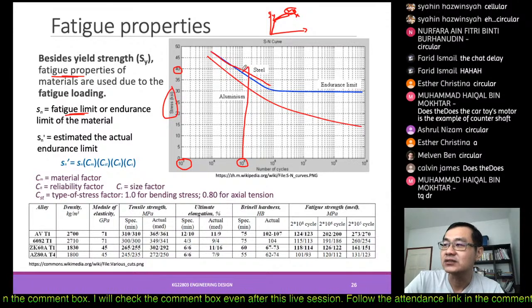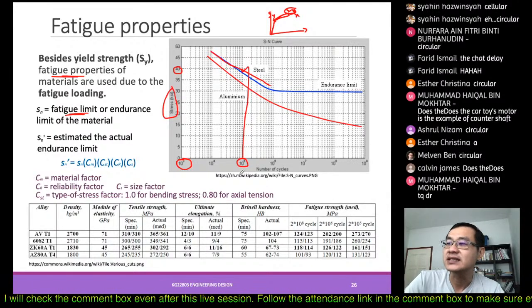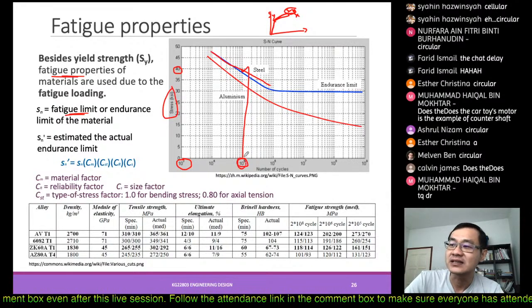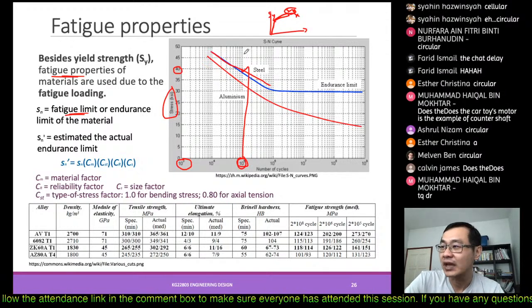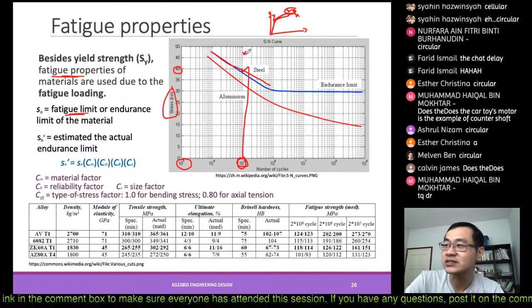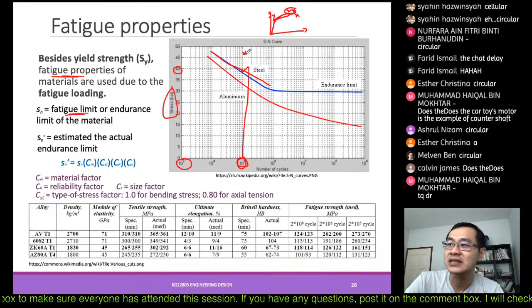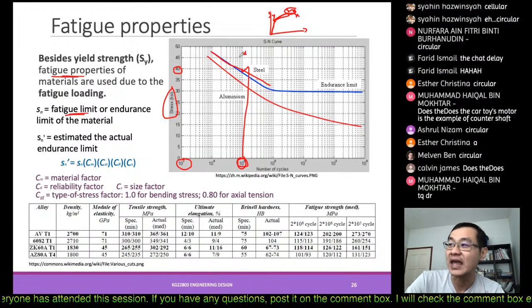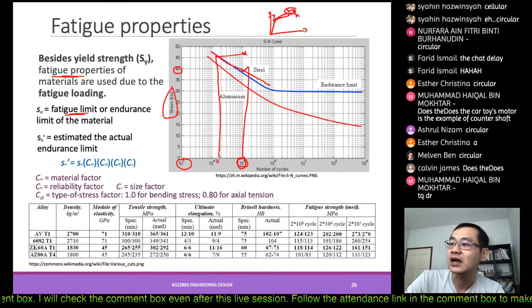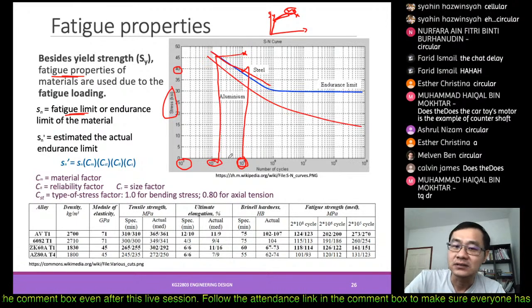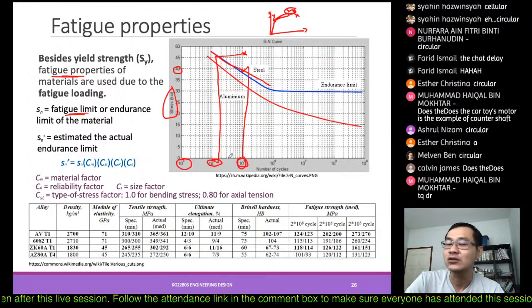At this stage, this steel can sustain this number of cycles. But if we try to increase the load, it may start to fail. It may not be able to sustain that long. If we want to sustain this kind of load, it can only sustain around 10,000 times, 10 to the power 4.